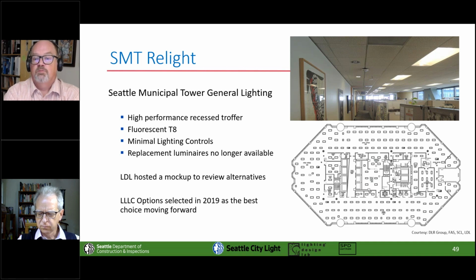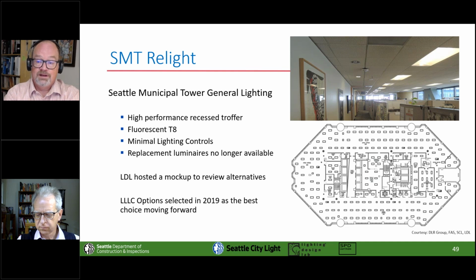It's time to replace them. The big problem is, as these things fail, the manufacturer no longer makes the light fixtures, so one way or another, a new standard is required.